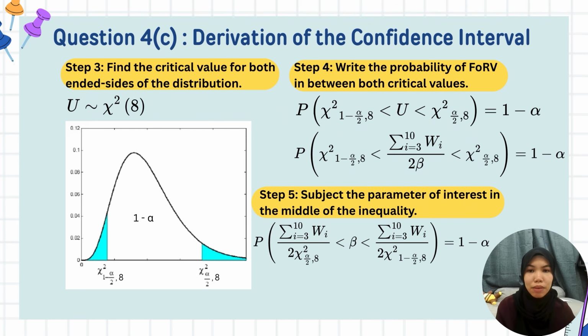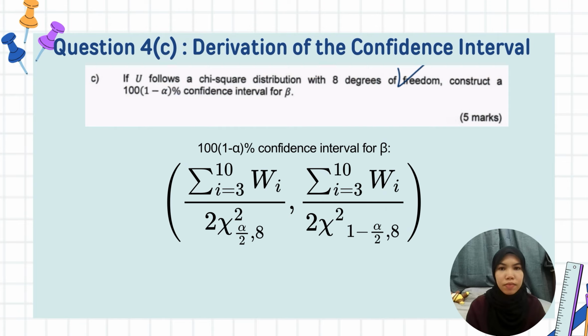We rearrange the math and flip our fraction to isolate beta in the center. And finally, by isolating beta from the previous page, we get our complete 100 times 1 minus alpha percent confidence interval for beta. To calculate the lower bound on the left, we take the sum of Wi from i equals 3 to 10 and divide it by 2 times chi-square alpha over 2, 8.